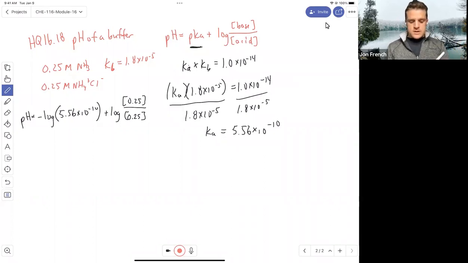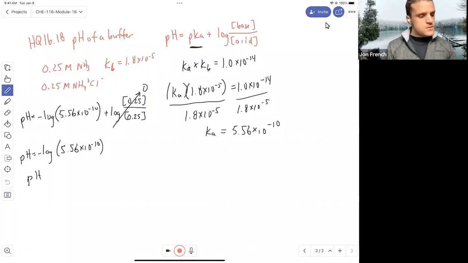The log of 1 is 0. So that basically disappears. So we've got pH equals the negative log of 5.56 times 10 to the minus 10. pH equals 9.26.